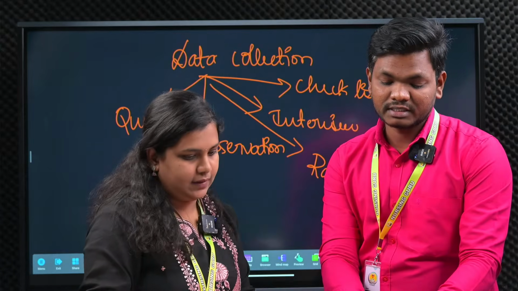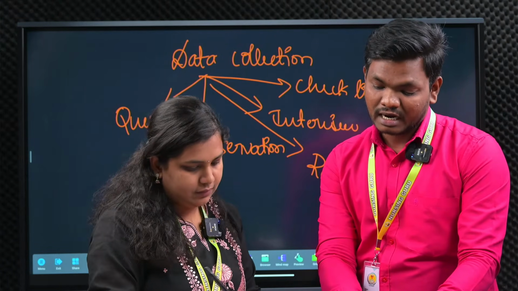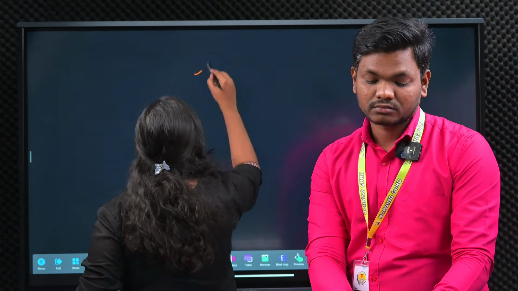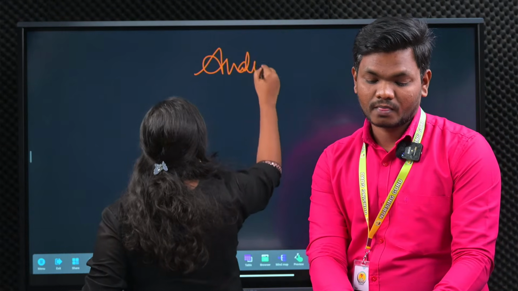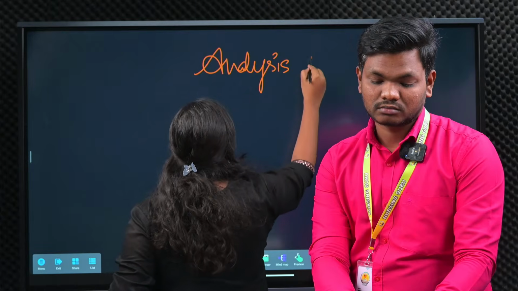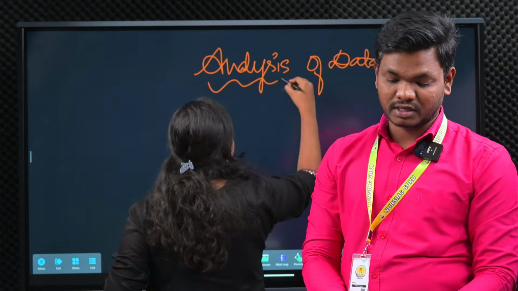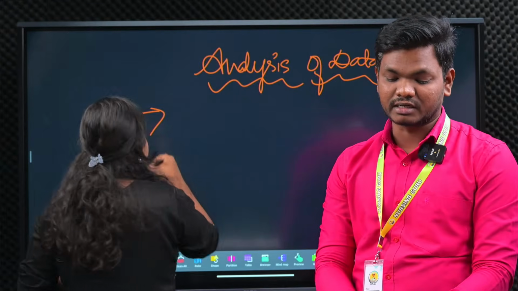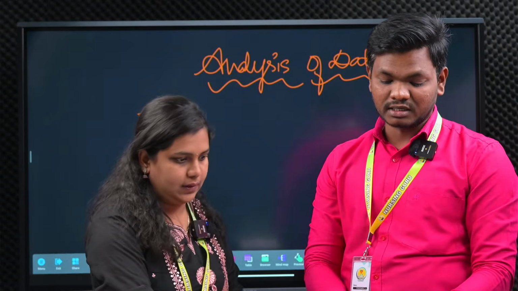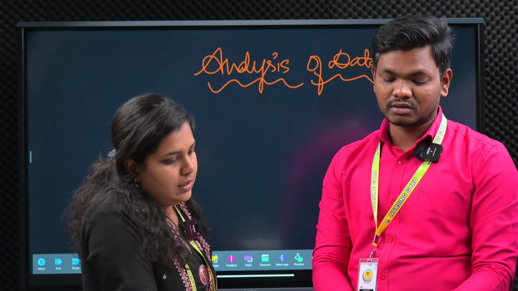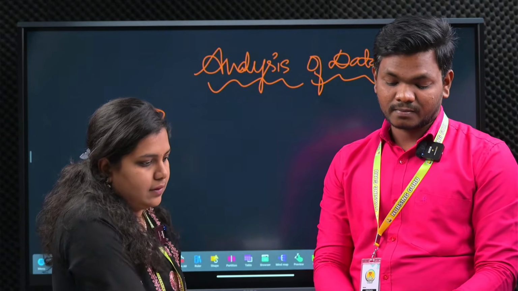The next one is what is the sixth unit? Analysis of the data. Data analysis or interpretations. Okay, so data processing we can say, data processing is the conversion of raw data into the usable or the meaningful form.